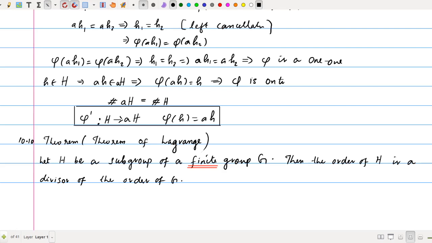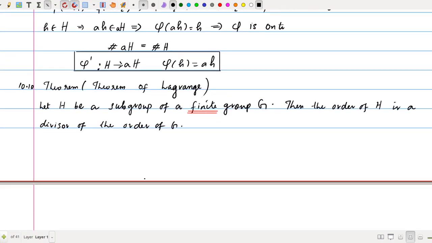For this we use the previous ideas. We have already proved that distinct cosets form a partition of the whole group G. For the proof, let the cardinality of G be n and the cardinality of H be m. Obviously H is a subgroup of G, so m is always less than or equal to n.